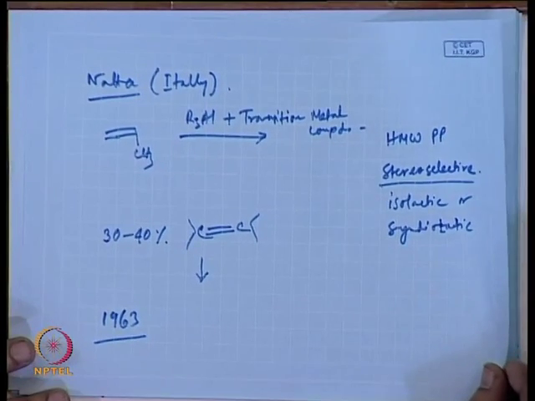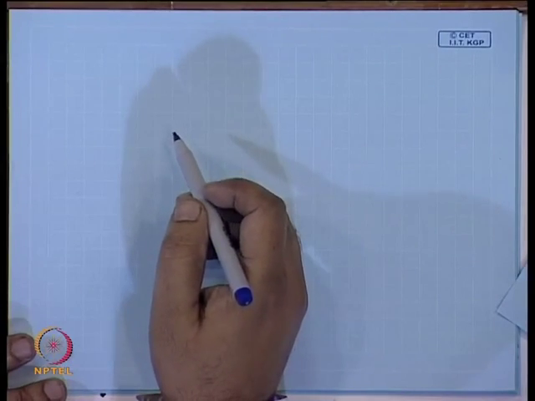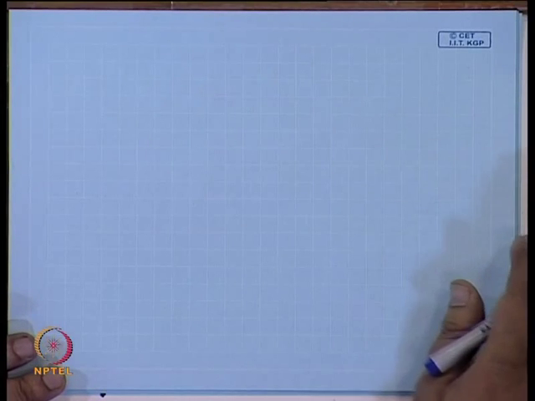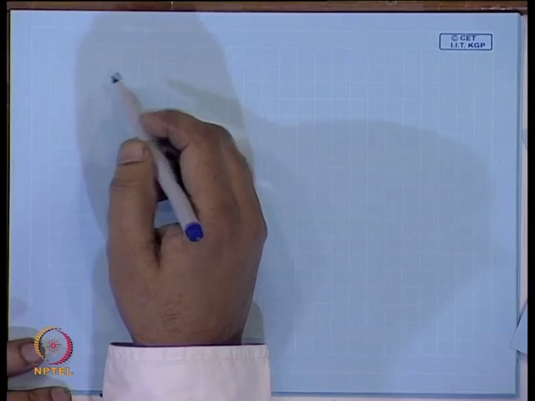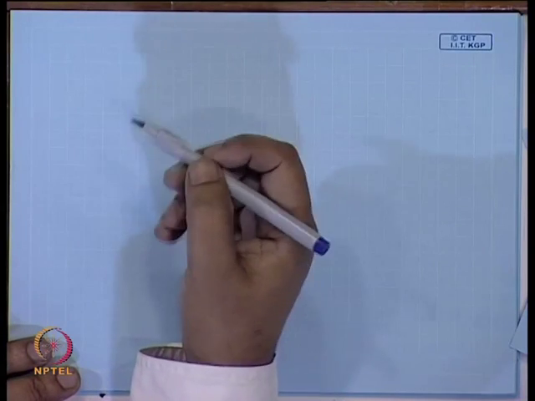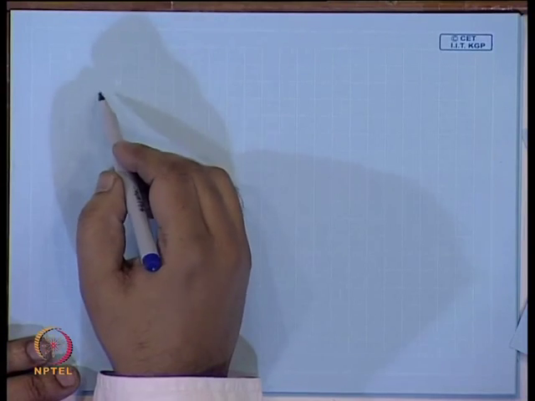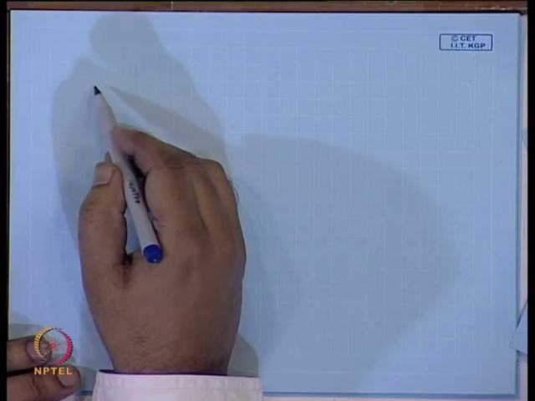Now, later on a large number of catalysts were developed, and basically it is a combination of similar types of compounds. A lot of research happened in this field, and in most cases they are organometallic compounds.